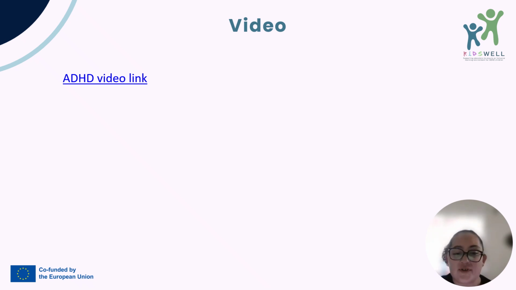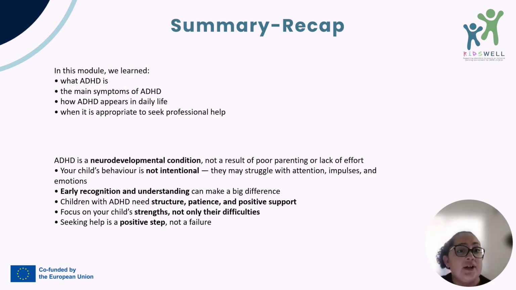So now a small summary, a recap. In this module, we learned what ADHD is, the main symptoms of ADHD, how ADHD appears in daily life, and when it is appropriate to seek professional help. ADHD is a neurodevelopmental condition, not a result of poor parenting or lack of effort.